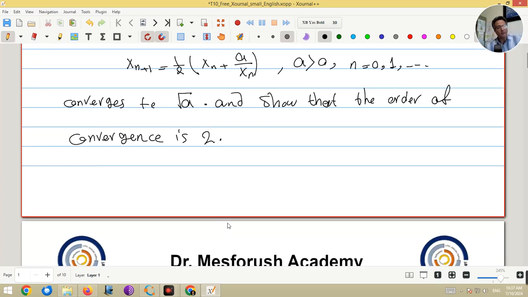This kind of problem has a framework for solving. I will show you the framework so you can solve every problem in this form. If you want to solve such problems, first of all you have to let the limit of x_n when n goes to infinity be equal to x.